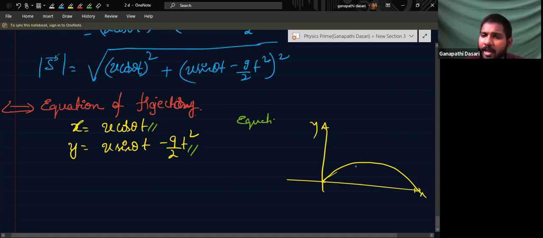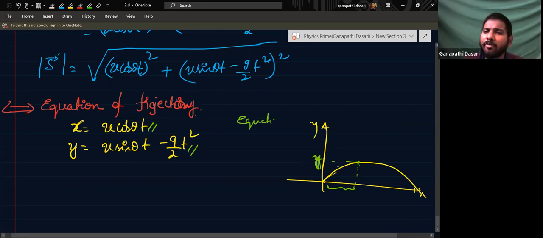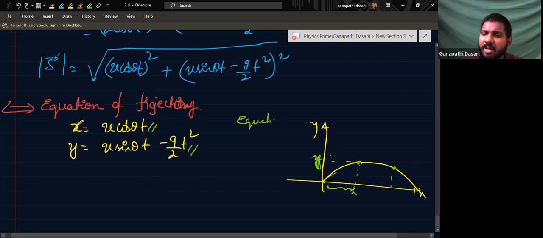If there is a particular x coordinate, there is a particular y coordinate or not? Yes, sir. If you put a value of x, there will be a value of y or not? Yes, sir. At a given point of time, suppose after 2 seconds it is here, for 2 seconds, the y and x are fixed or not? Yes, sir. So this is 4 seconds. For the fourth second, y and x are fixed or not?